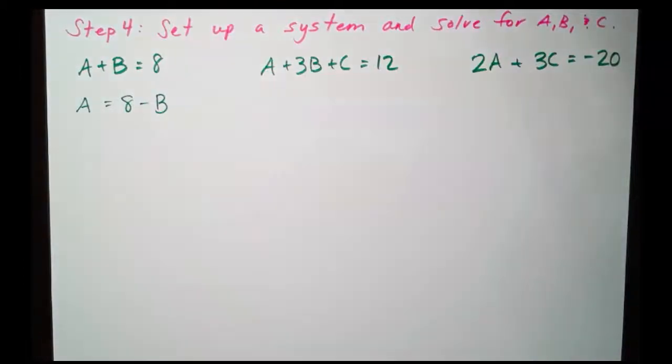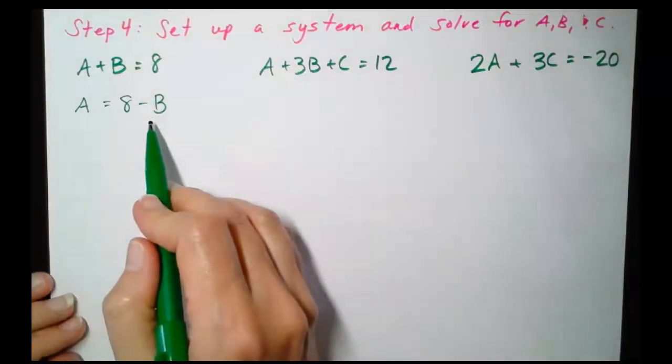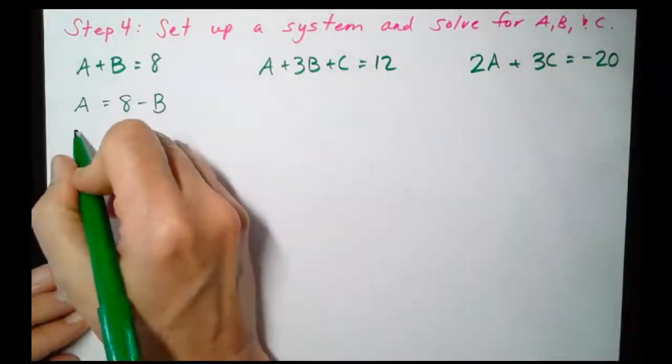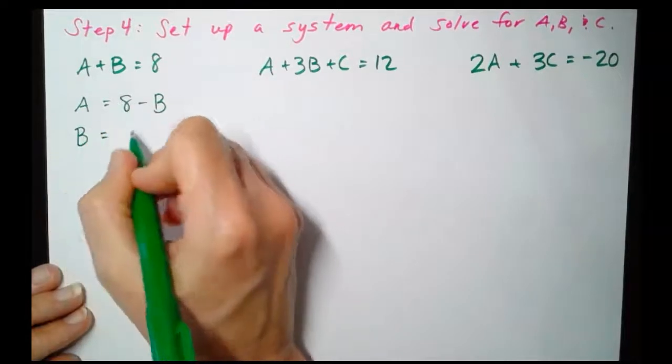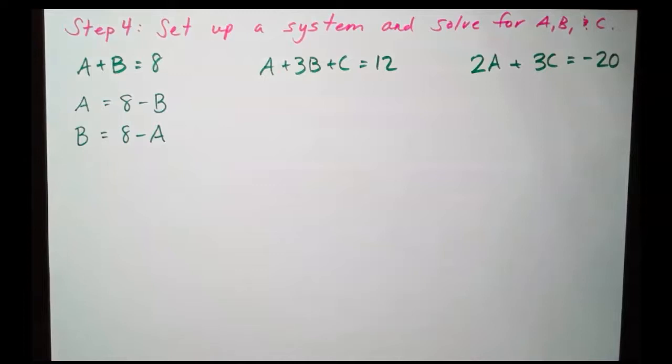And sometimes this whole planning phase just takes a little bit of massaging, so you just have to think about it. So this is A in terms of B. And let's go ahead and solve it the other way. B in terms of A would be B equals 8 minus A. So this is just giving us options of what we can plug in different places.